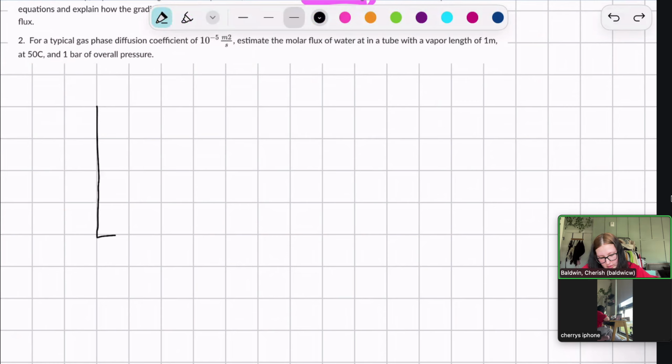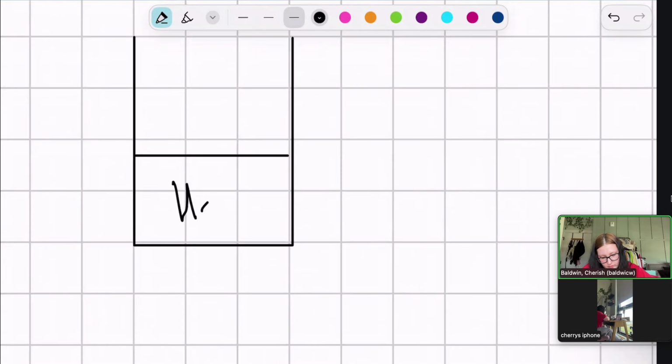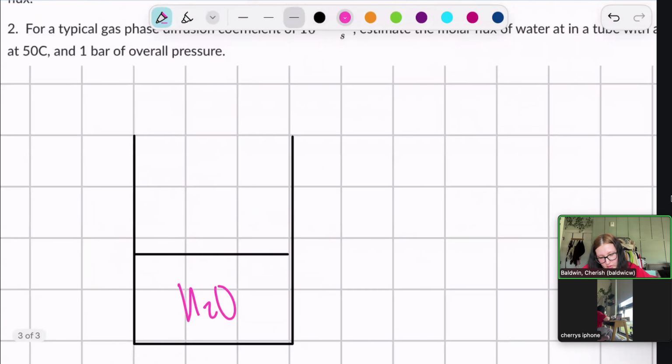We have a container pool with water, and over top of the pool we have a screen and the flow of nitrogen over top.